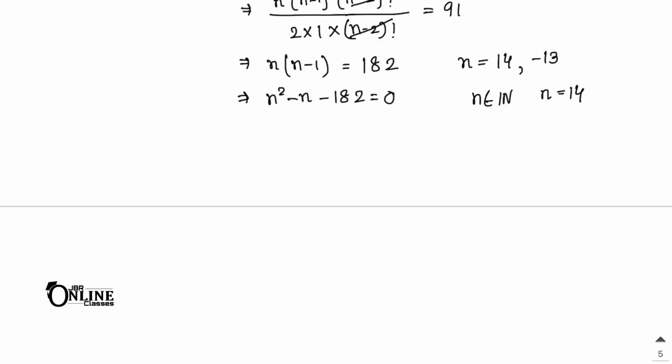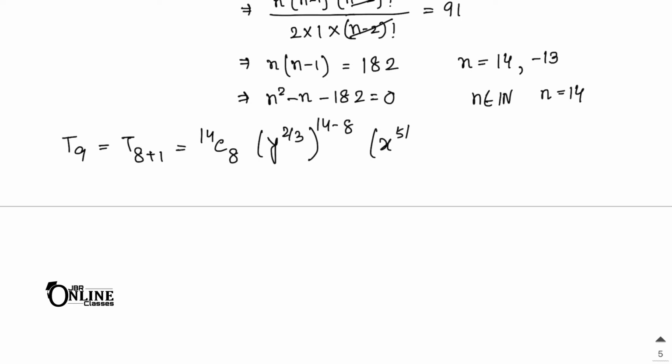Okay, so as n equals 14, now you have to find the ninth term. So T9 means T(8+1), and that will be nCr, so it means 14C8, and next y^(2/3) whole to the power 14 minus 8, and x^(5/4) whole to the power 8.